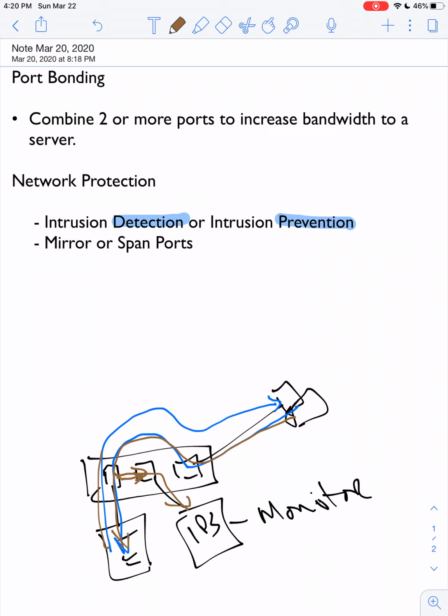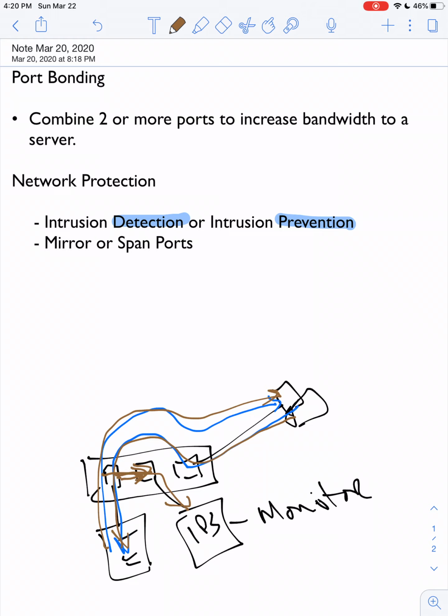And when the traffic goes back this way, again a copy gets mirrored over here to the IPS monitor, and then the IPS monitor, or whatever device we have here, can actually monitor traffic. So we do this all the time with security, or with devices that are just sitting there monitoring traffic.